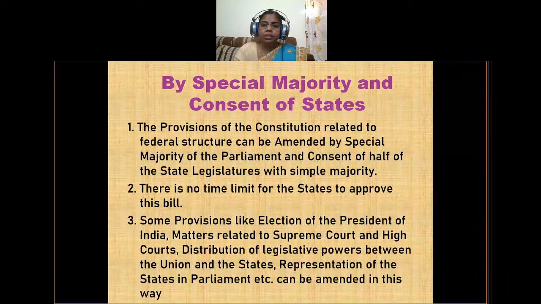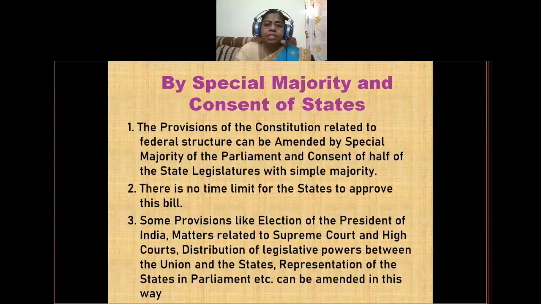So there is no time limit for the states to approve this bill. So for the bills which can be amended through this third method of constitution amendment, there is no time limit for the states to approve. They can take their own time for the approval of the bill.